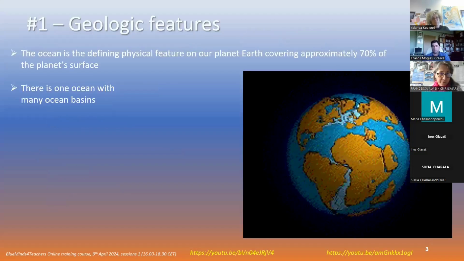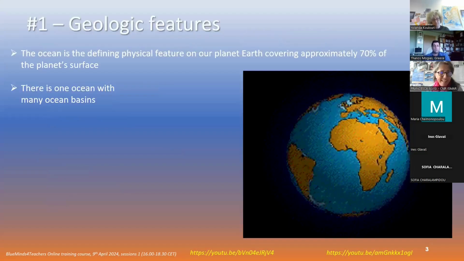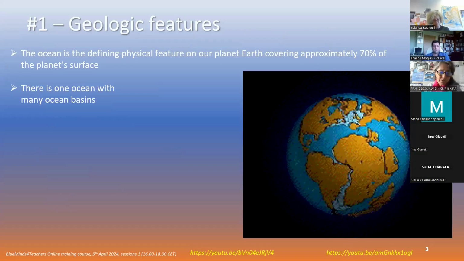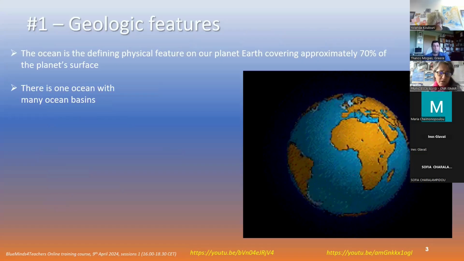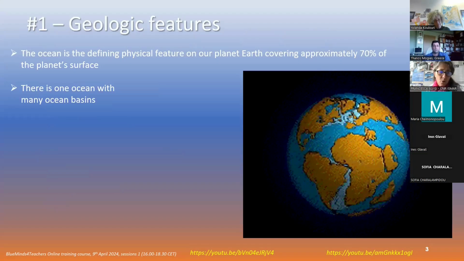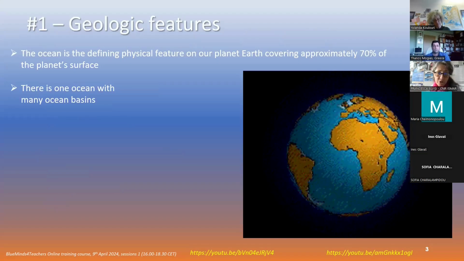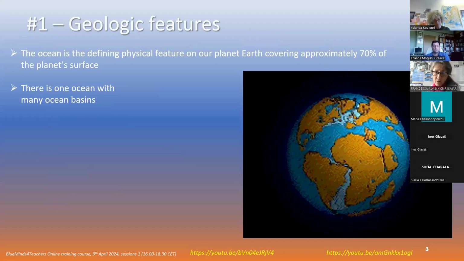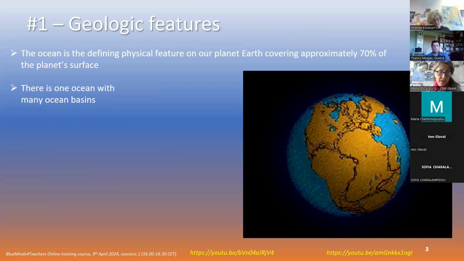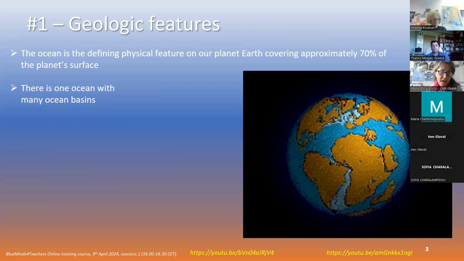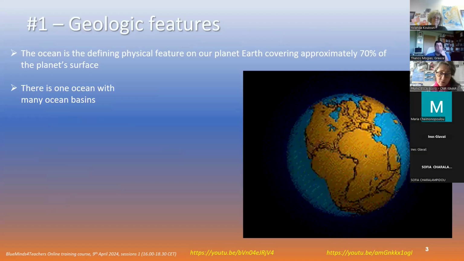So, starting from the beginning, some of the concepts are talking about the ocean as the defining physical feature of our planet Earth, covering approximately 70% of the planet's surface. And there is one ocean with many ocean basins.